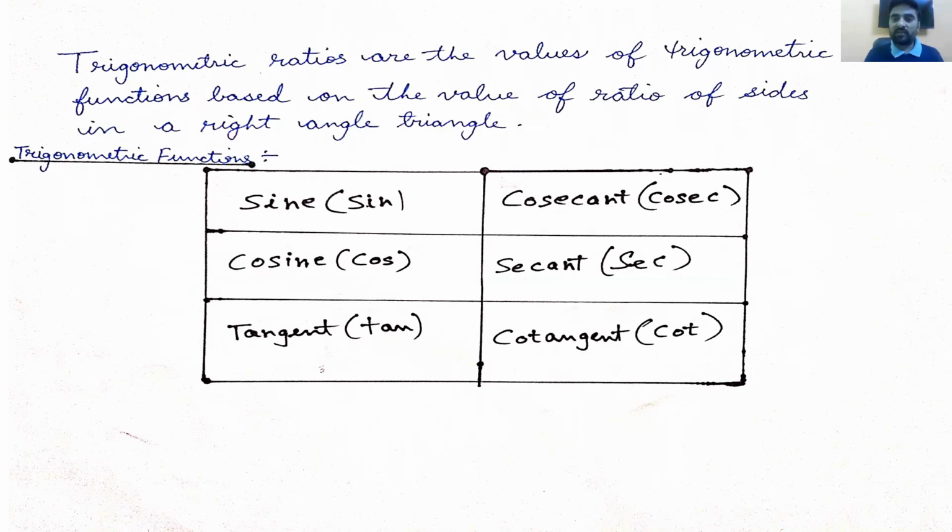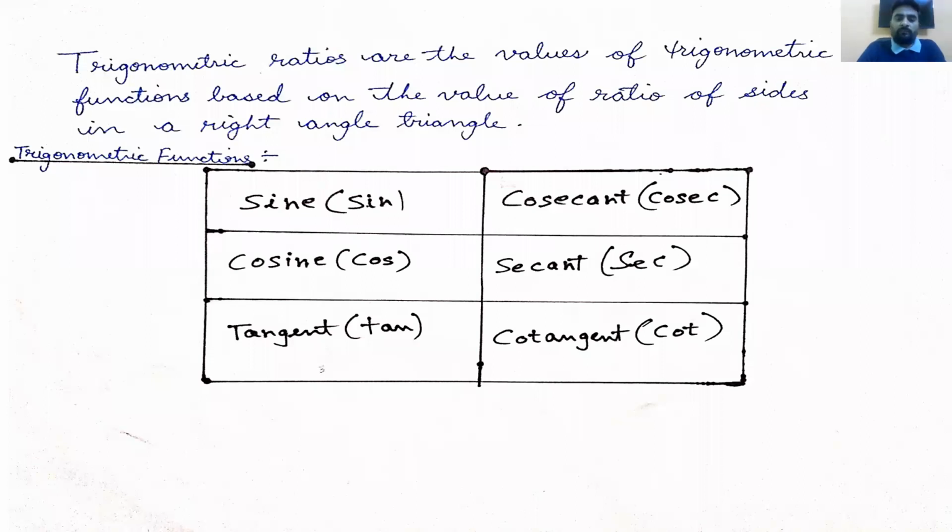Totally, there are six functions in trigonometry: sine, cosine, tangent, cosecant, secant, and cotangent. In these six functions, the first three functions are the primary functions: sine, cosine, and tangent. The other three functions, which are cosecant, secant, and cotangent, are the derived functions. You can also name these functions as sin, cos, tan, cosec, sec, and cot. You can use the short form of it.